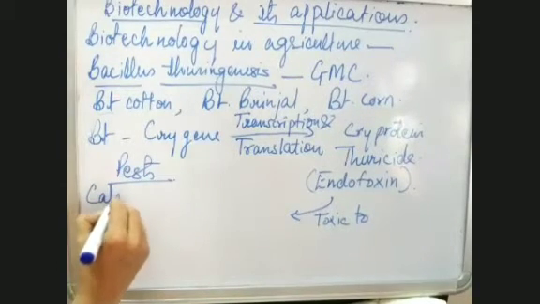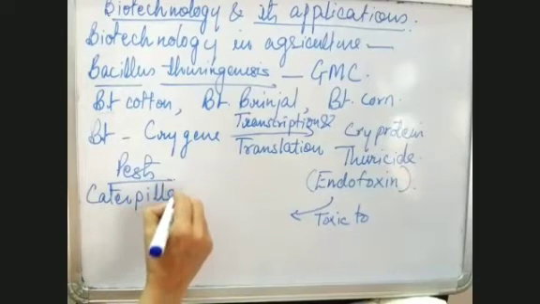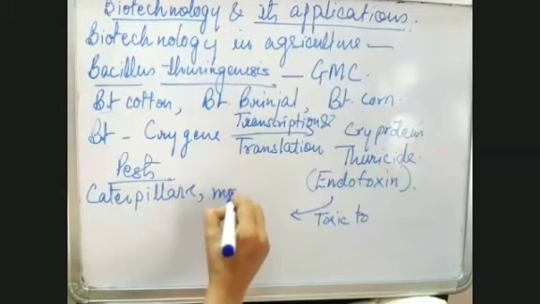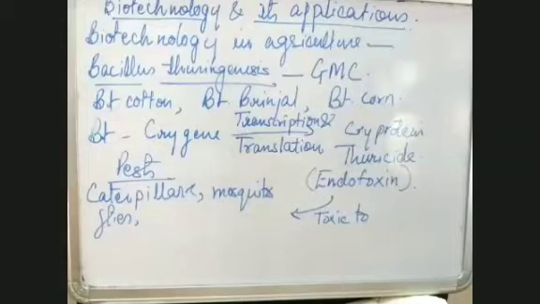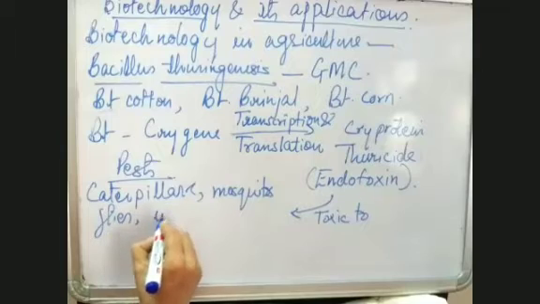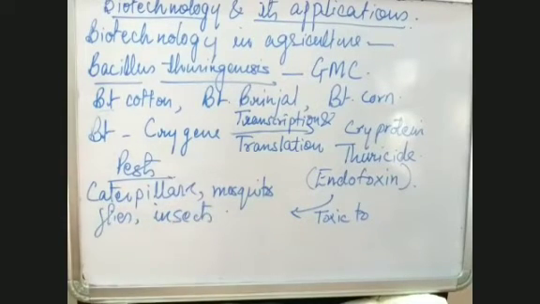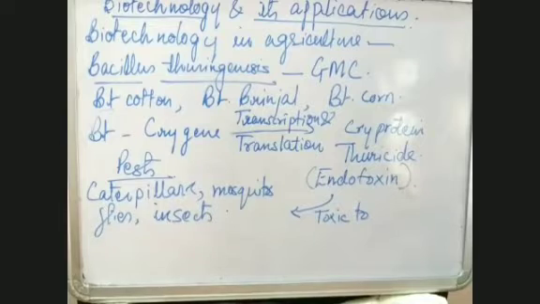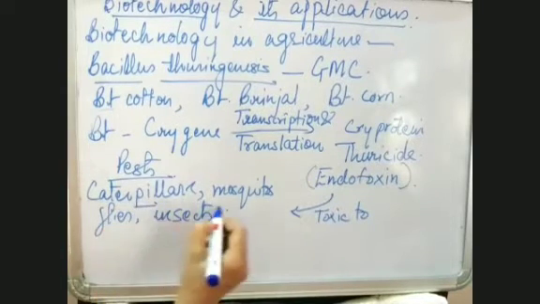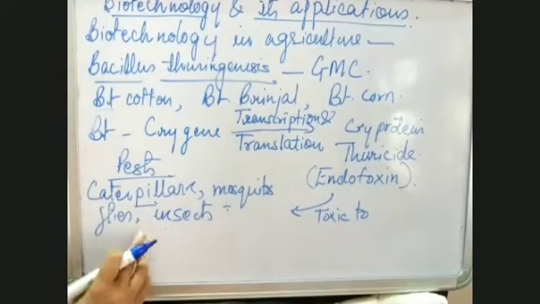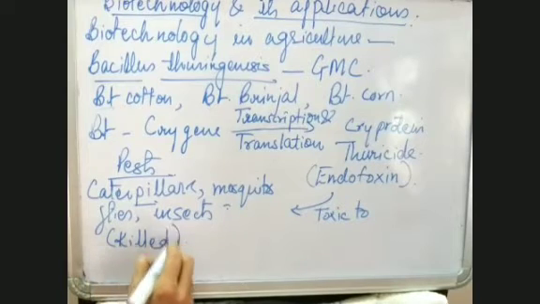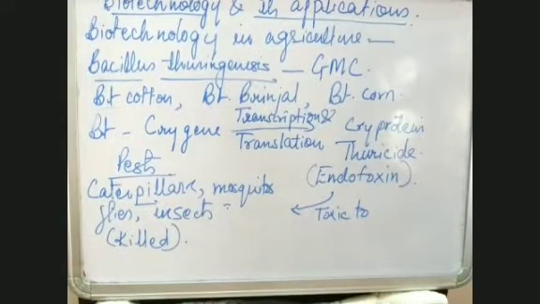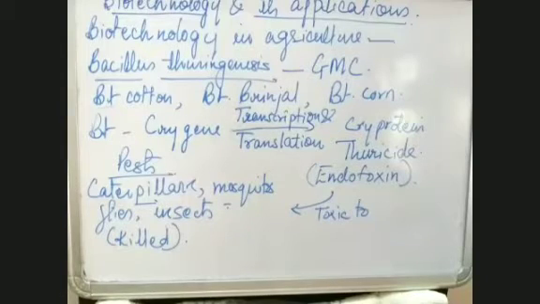Caterpillars, mosquitoes, flies, and many more insects which harm the crops. When we say that it is toxic to these pests, that means these pests are killed. So the crop is saved from the destruction caused by these pests.